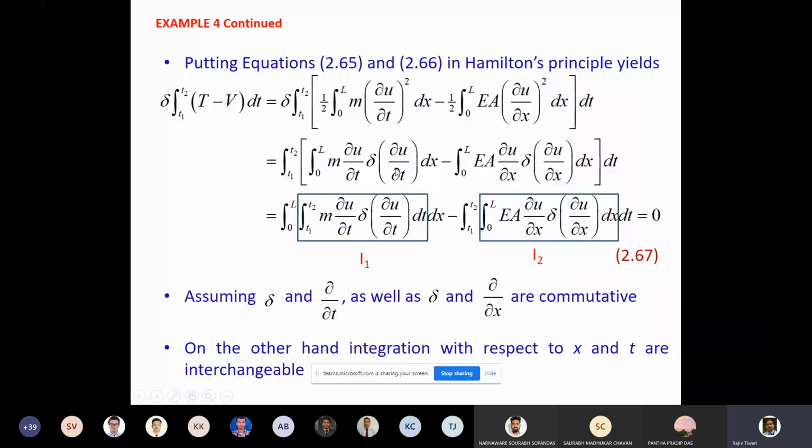So in the next step, I have opened the outside bracket so that I can bring this time here. Another operation I have done: in the first term, I have interchanged the integration order. It was T and L, now it has been changed to first differentiation with respect to x, and then inside, t.